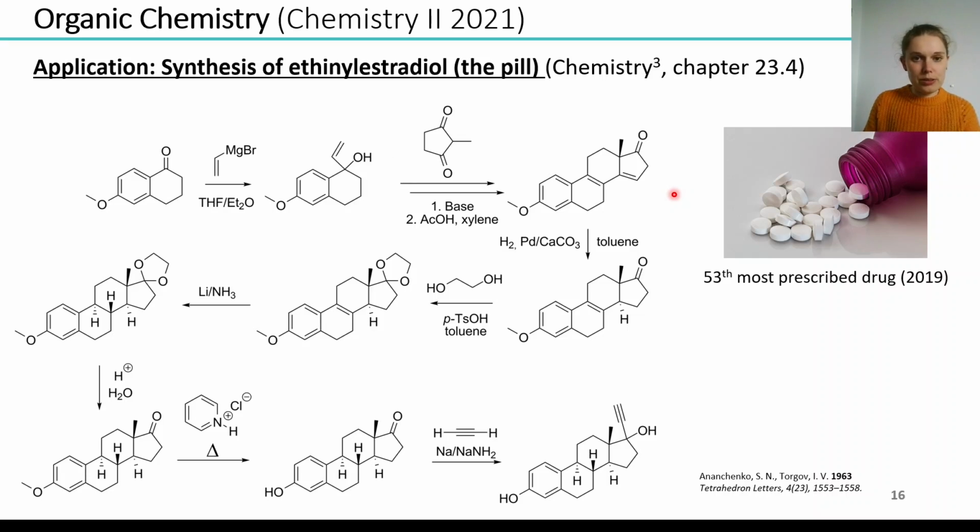Then in the third step we conduct a so-called hydrogenation of the double bond, and it will selectively be this carbon-carbon double bond which gets hydrogenated. The reason for this is that we use palladium and calcium carbonate. And if you imagine, we have now this quite large molecule, and in order to hydrogenate this double bond, the complete molecule will interact with the palladium surface.